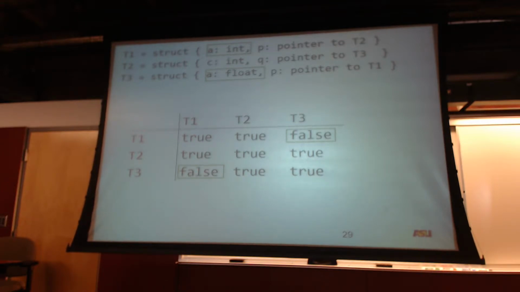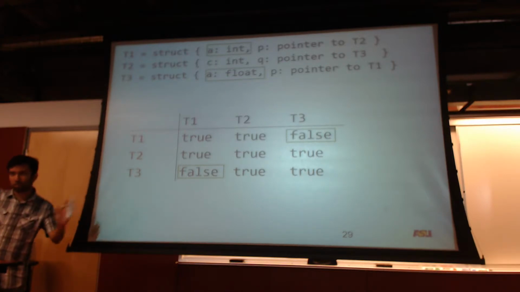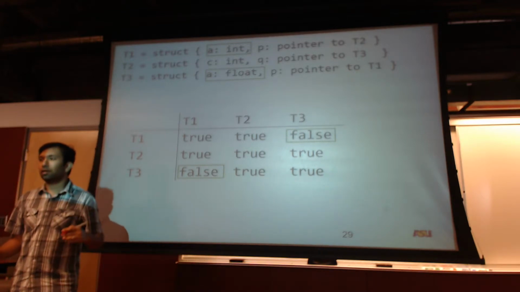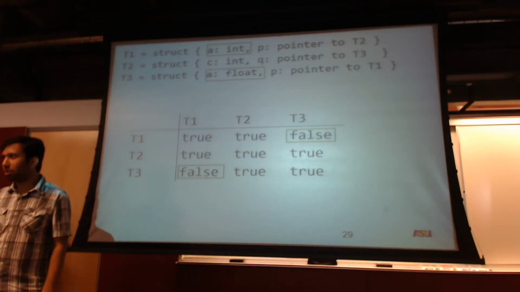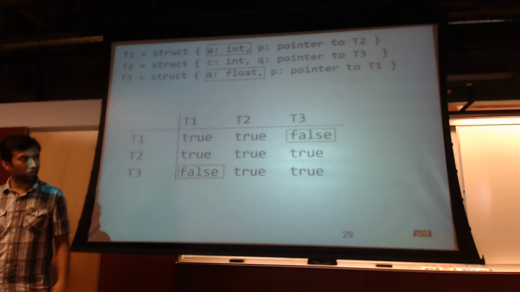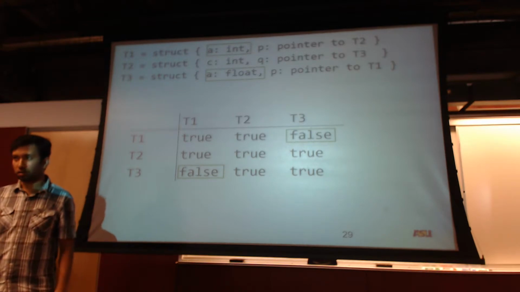If T1, T3 is false, T3, T1 will also be false. So it's commutative, and we will just make those two entries the same. So basically, this array should be an upper diagonal array, or lower diagonal, whichever you choose. So you can just remove the lower diagonal.